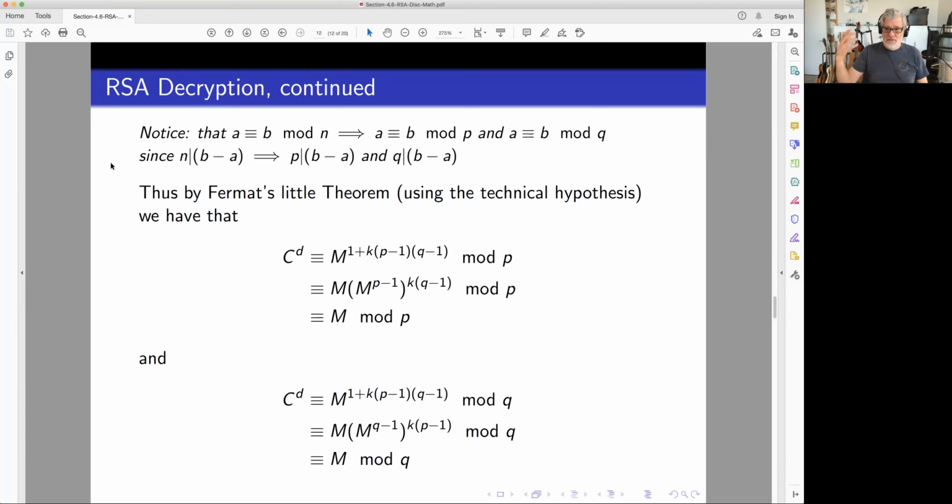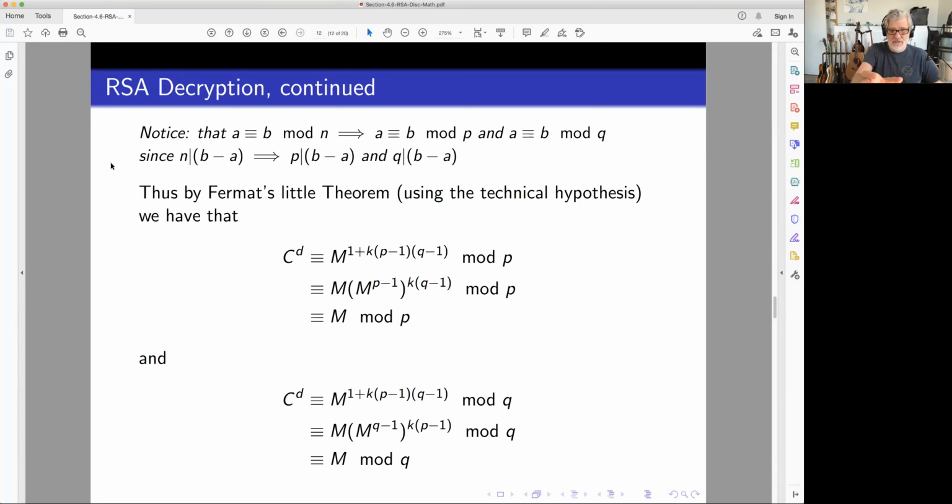So let's now see what we've got. Bob again receives C, raises it to the power D. What are we getting? We're getting M to the power 1 plus K times (P minus 1)(Q minus 1). This is equivalent mod N, and in particular mod P. So this is true mod P. Let's rewrite the right-hand side.